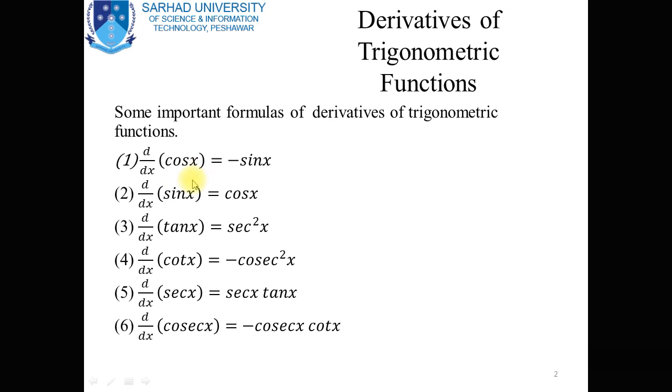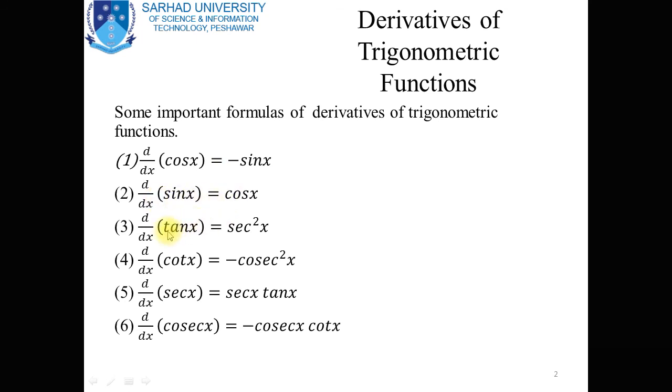Actually in this presentation x is an angle, so x is a theta. Now the derivative of cos x with respect to x will be equal to minus sine x, and the derivative of sine x with respect to x is equal to cos x.